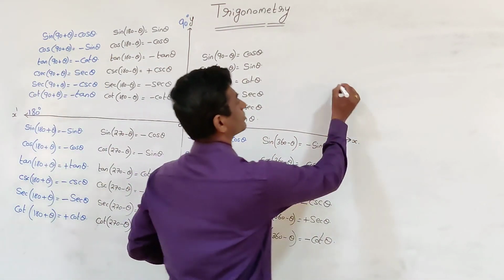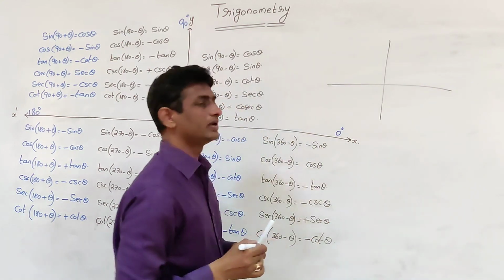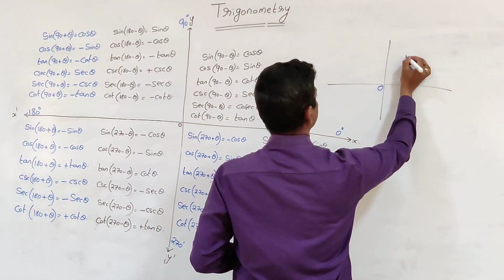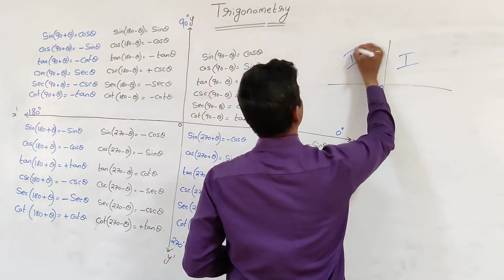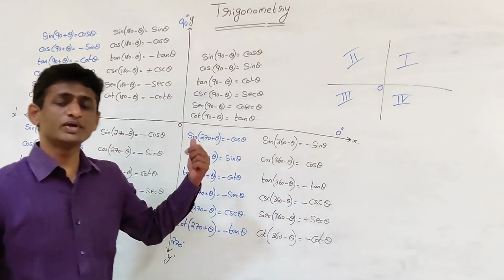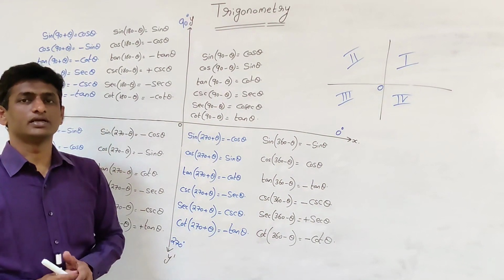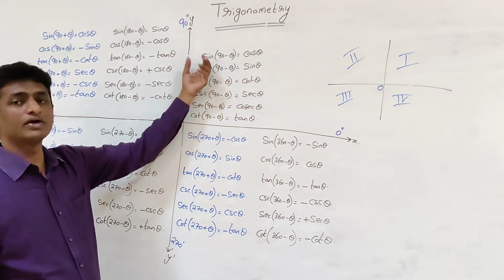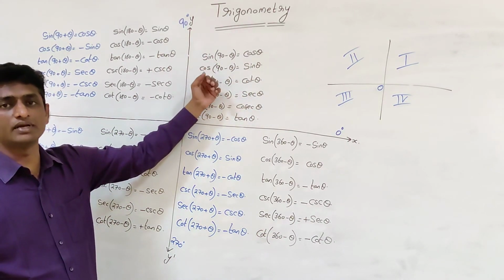Now see, in an XY plane the point of intersection is the origin, so there will be the first quadrant, second quadrant, third quadrant and fourth quadrant. With respect to the quadrant, 90 minus theta lies in the first quadrant, and we have seen all the trigonometric ratios for 90 minus theta.